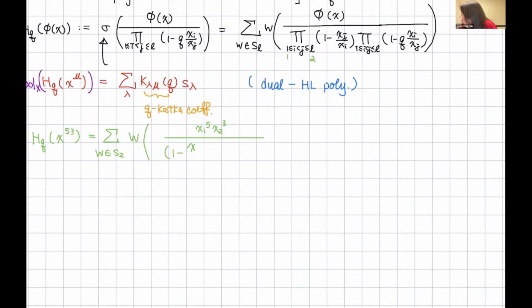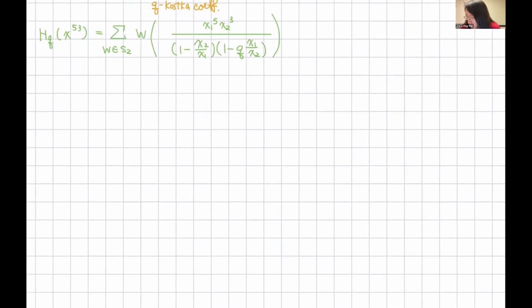So the first product here is just one term, x2 over x1. The second term is, again, only one term, just x1 over x2. Okay, so that's that. And then now let's really compare it and see what that is. So this one, if my w is the identity, then I get the whole thing, right?